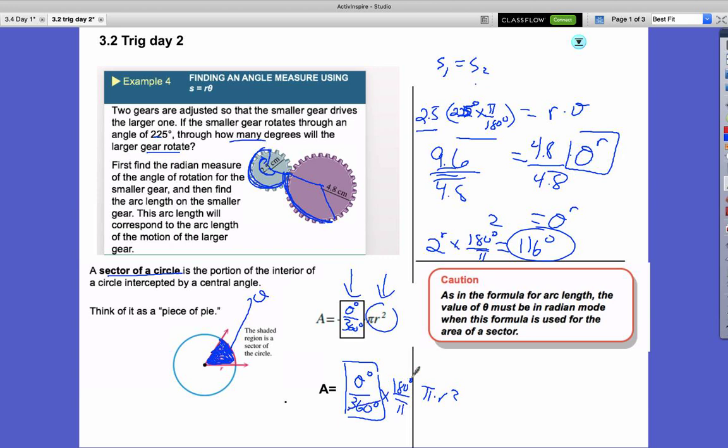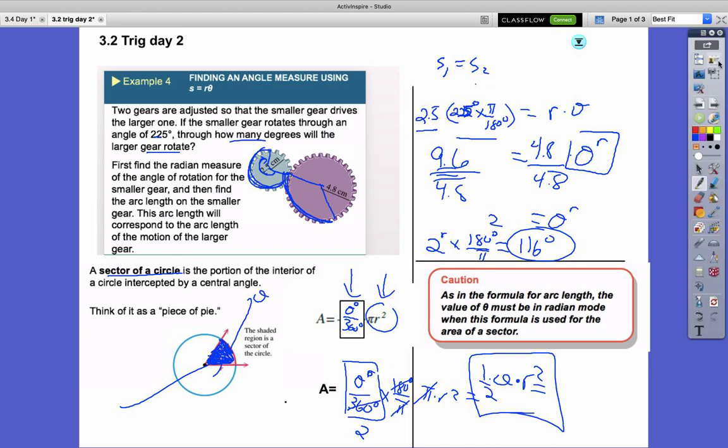So this is going to be 2. This factor cancels out with this factor. So your formula in terms of radians should be theta divided by 2, or 1/2 theta times r squared. That's a formula for the area of a sector, the area of this piece right here. So 1/2 theta times r squared. That's your formula.